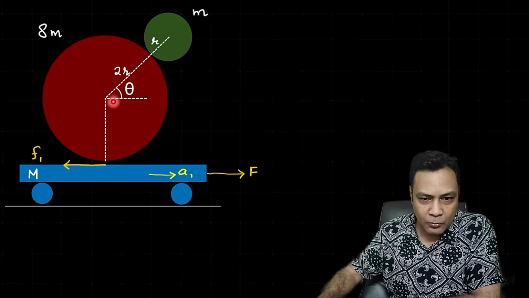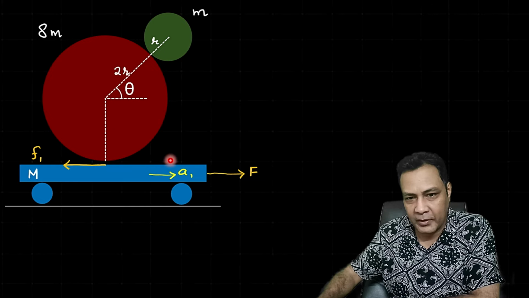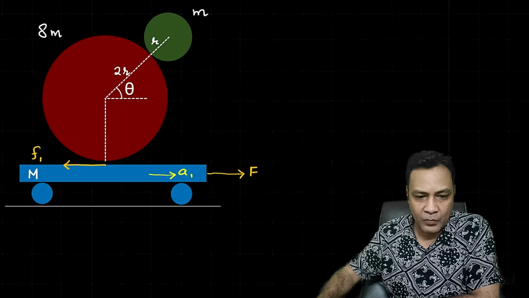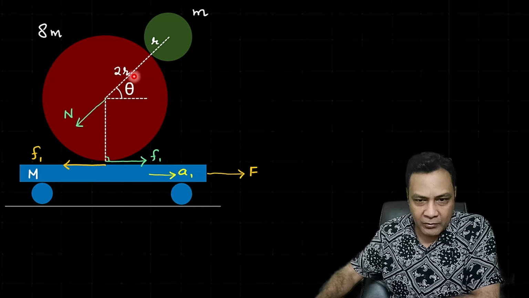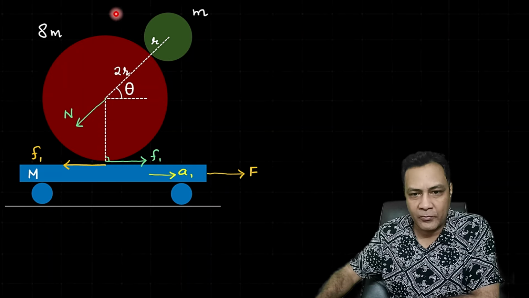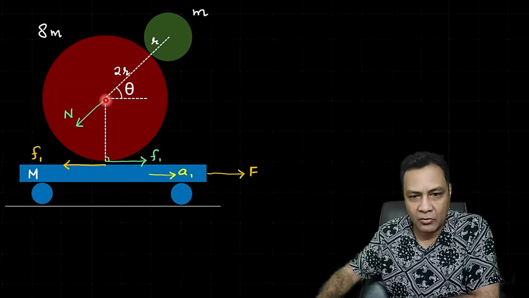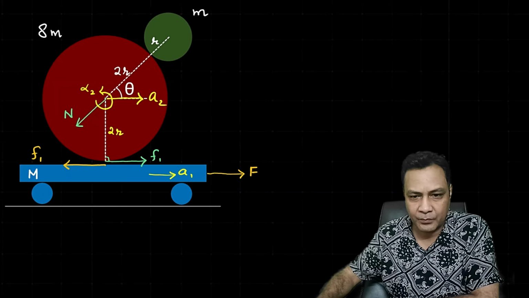So to begin with, I am showing the reaction of f1, which will be in the forward direction, and a normal from small m. So I begin with these two forces. Obviously, there will be a friction between these two surfaces, but I have not yet shown it. Because of this f1 and N, let me assume that the acceleration of the center of mass of the sphere is say a2 in the forward direction like this.